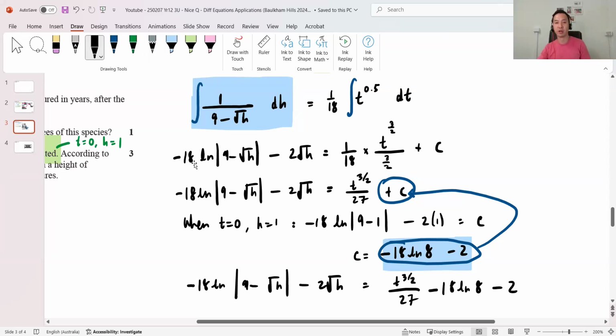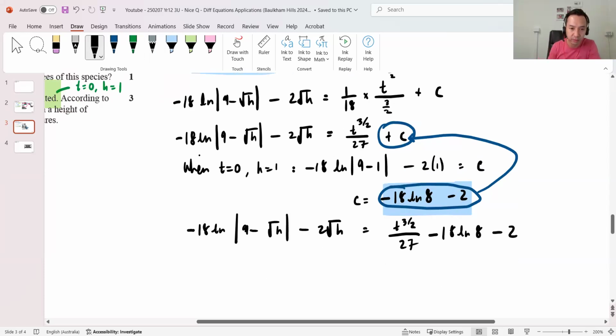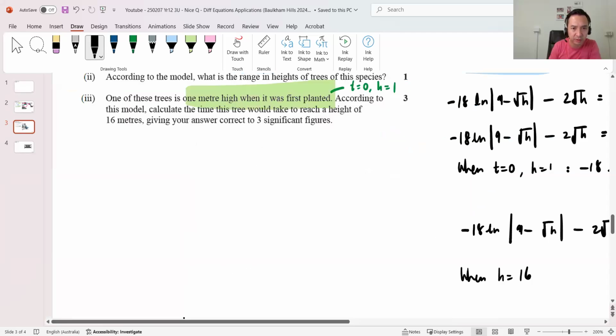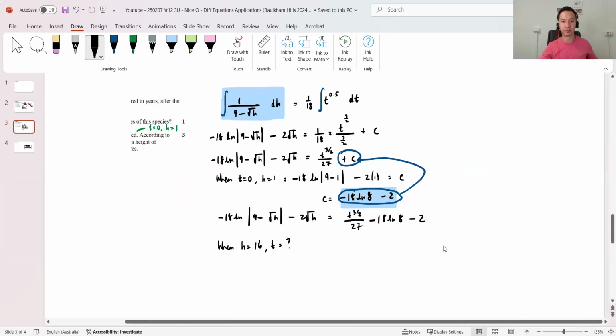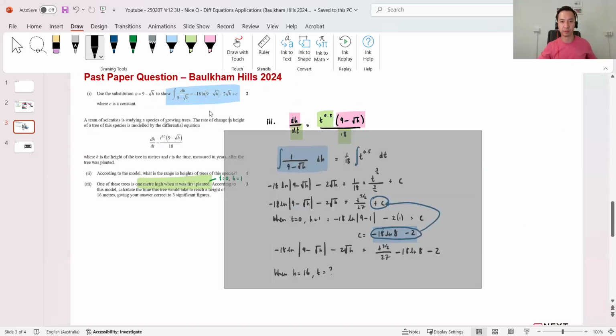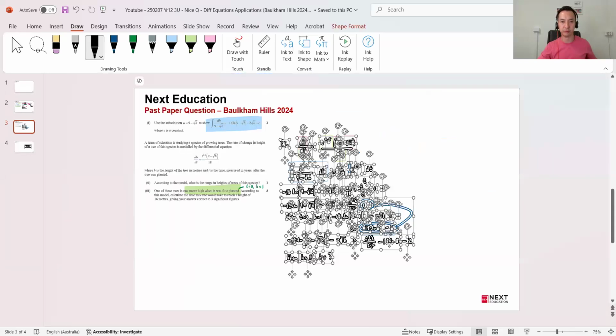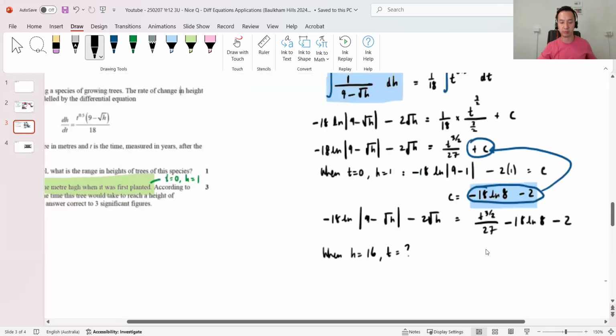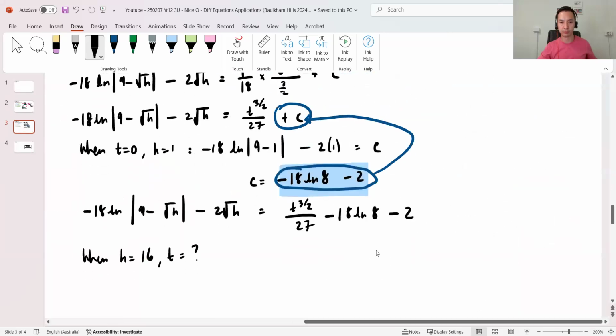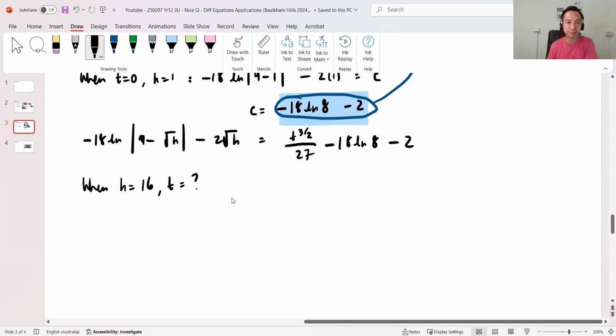Yep. So right now, when h equals 16, I think it is, right? H equals, okay, yep, good. H equals 16, I need to find time, right? Now let's see how much space I got. Okay, a little bit. So I'm going to move this up. Yep.